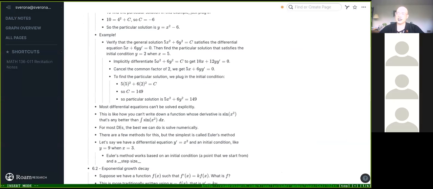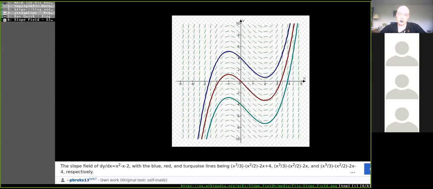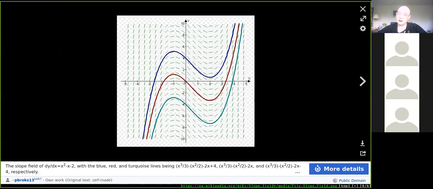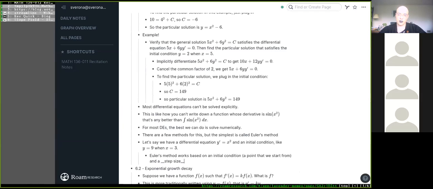And that's exactly what you would think. It's how far we move at a time. It's going to be how far we move at a time in the x direction, and we're going to let the slope tell us how far we move in the y direction. So I take a step size, I take a step size, I take a step size, and so on and so on. That's all it is.